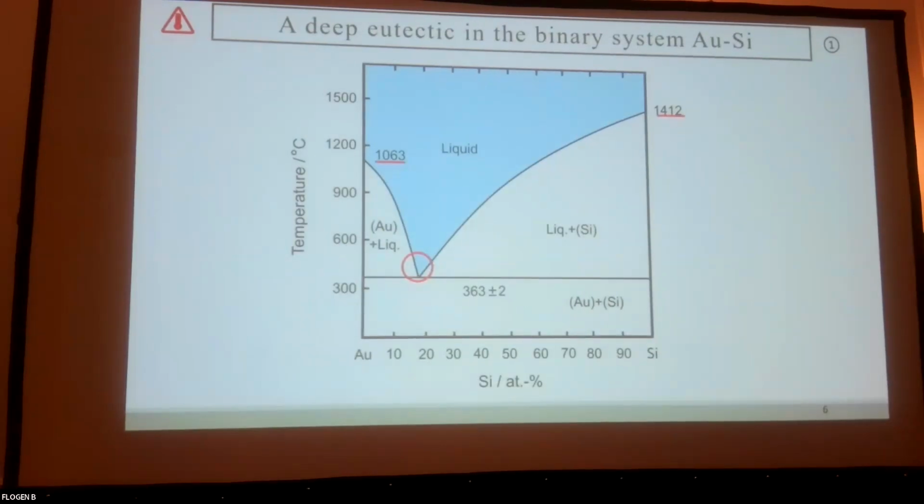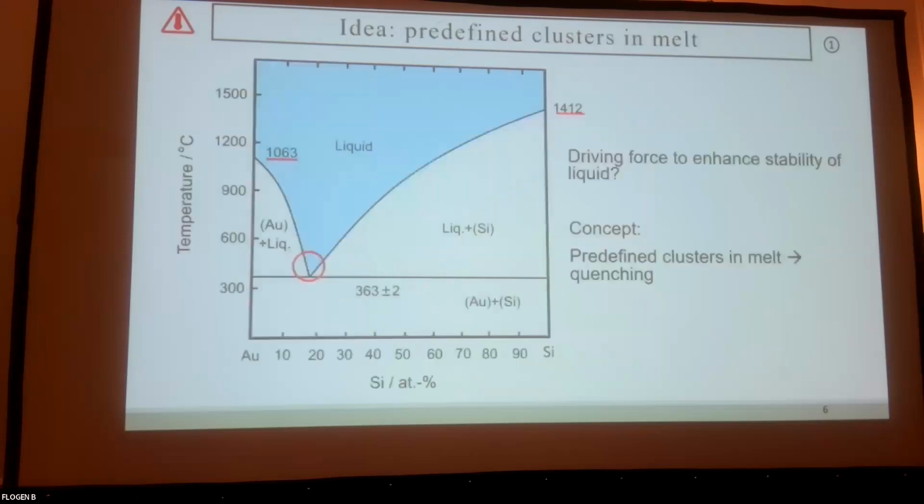And not only me, but what attracted my interest was this deep eutectic in the system compared to the fairly high melting points, that is a deeply incising eutectic. And the idea was that there must be a certain driving force to enhance the stability of this liquid.